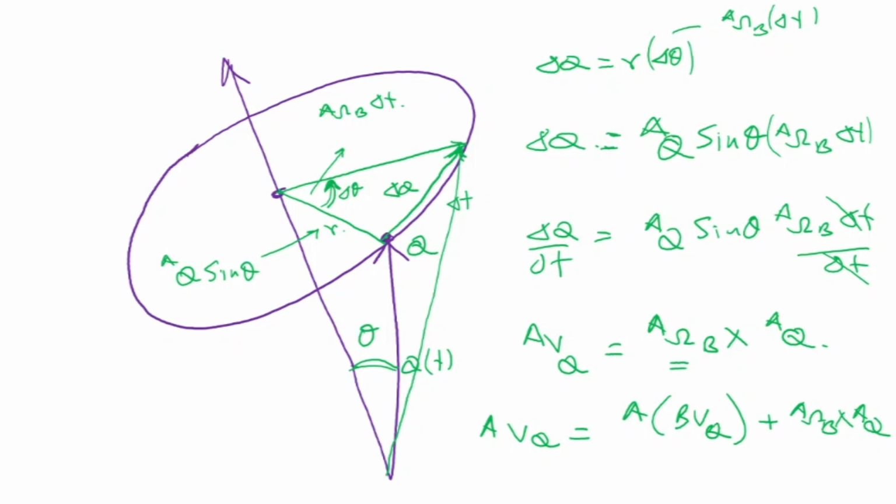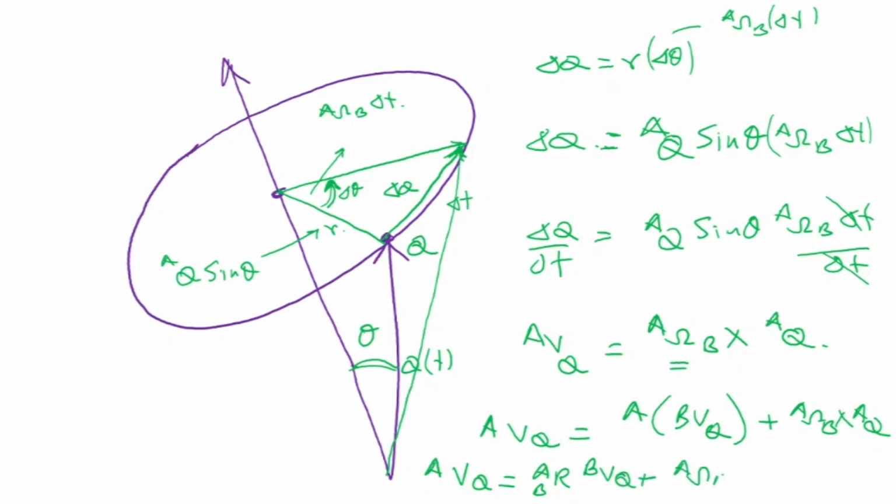And if we remove the dual subscript, and note that the description of ᴬQ at any instant can be represented with the rotation matrix, then ᴬVQ is equal to ᴬR_B ᴮVQ plus ᴬΩ_B cross ᴬR_B into ᴮQ. I'm just adding the rotation matrices.